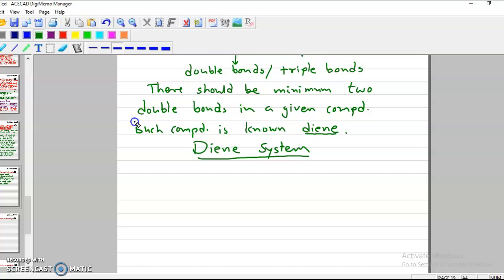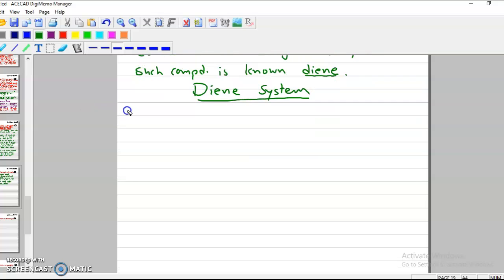There are three types of diene system. The first one is known as the cumulative diene system.